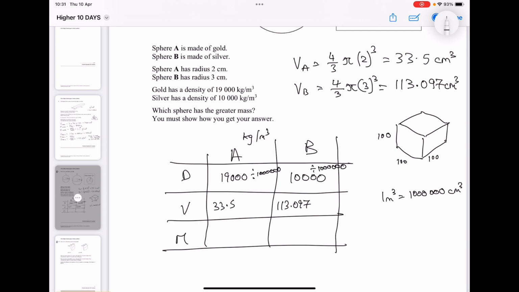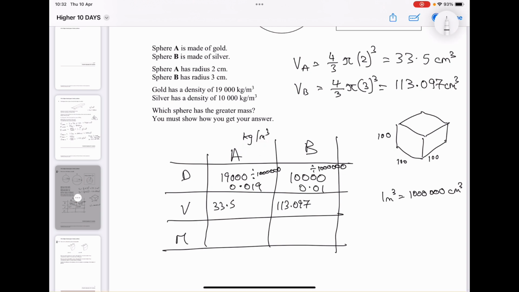So 19,000 divided by 1,000,000 equals 0.019, and 10,000 divided by 1,000,000 equals 0.01.